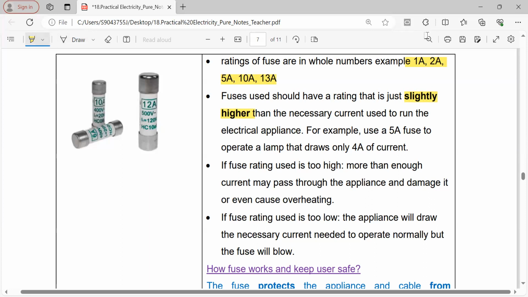For example, if a lamp requires only 4 amperes of current, you put in a slightly higher one, because between 1, 2, 5, 10, and 13 ampere, 5 ampere would be the most suitable fuse. Unless the appliance is high technology, and then they will manufacture a fuse to be as close as possible to the operating current.